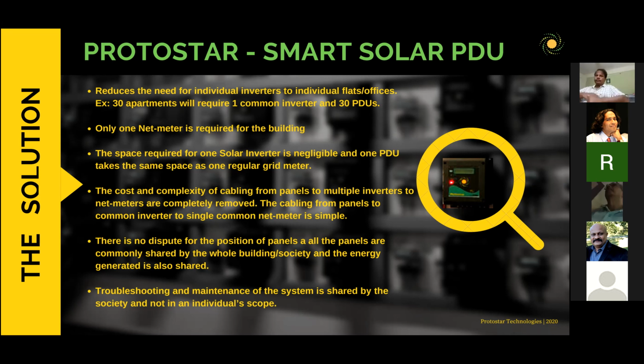The biggest benefit of this is that you end up saving a lot of money because it drops you a slab in the MSEB bills. I'm pretty sure all of you are aware of MSEB's slab rates. The first 100 units is extremely reasonable, extremely cheap, and from 100 to 300 the cost goes up significantly higher. Then from 300 to 500 it goes even higher.